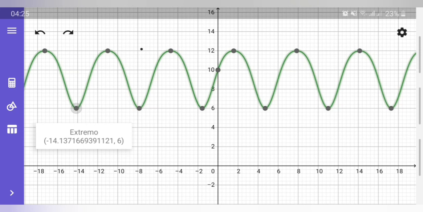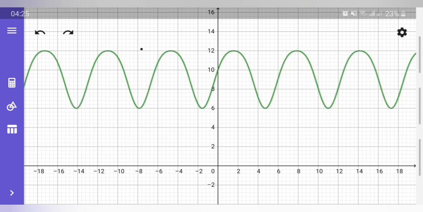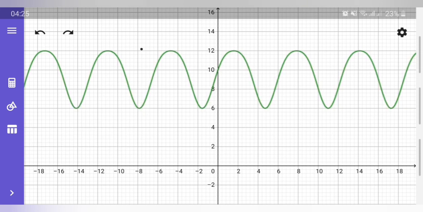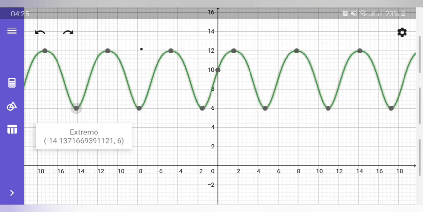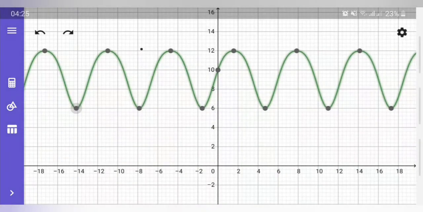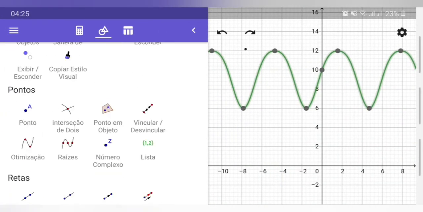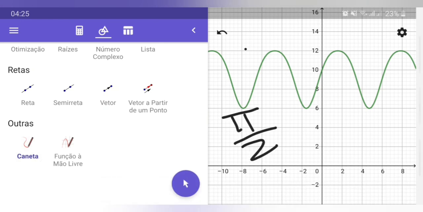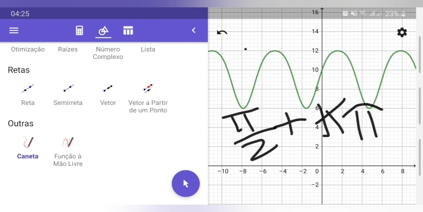But there are many points, like the minimum is 6, but there are many x's that give 6, and this was the fact that I told you about when I told you π/2 plus kπ. Remember, because this k, the constant, gives you more than one value.